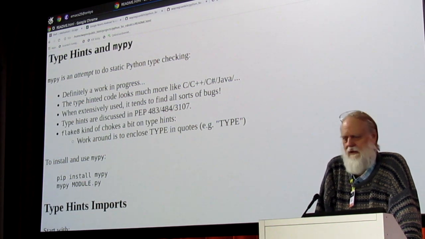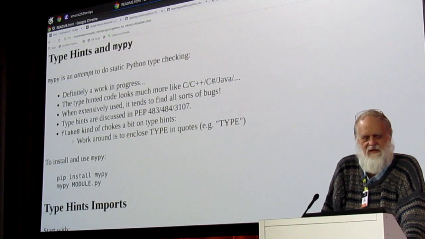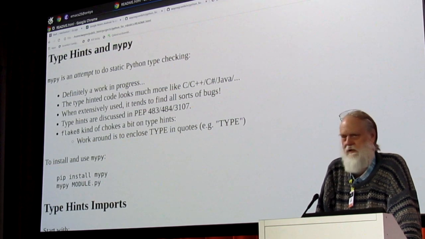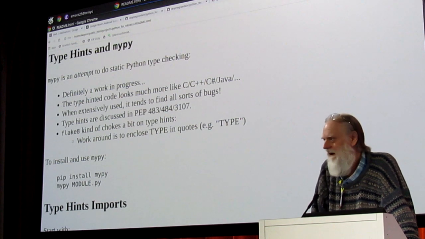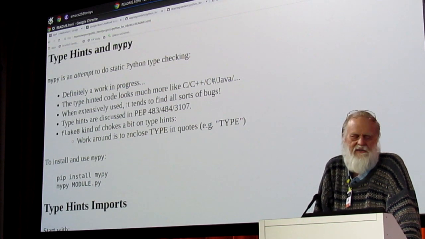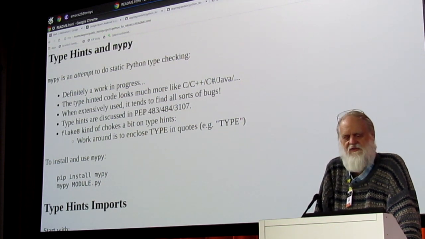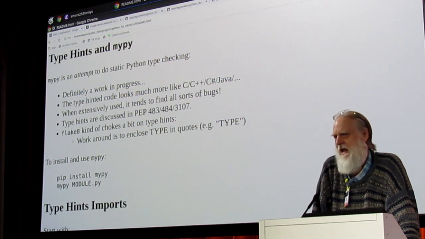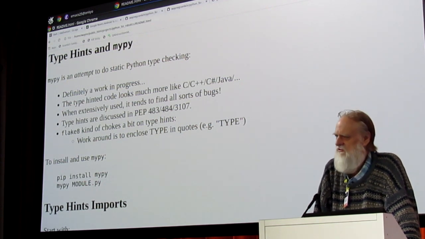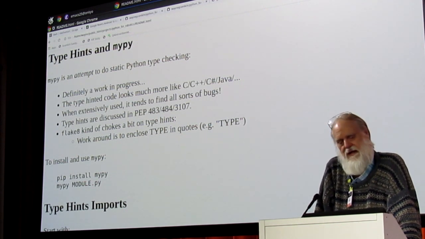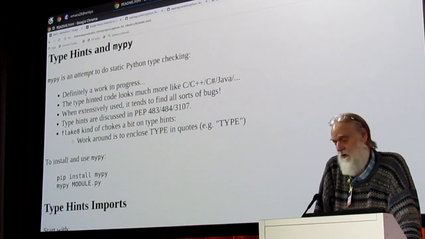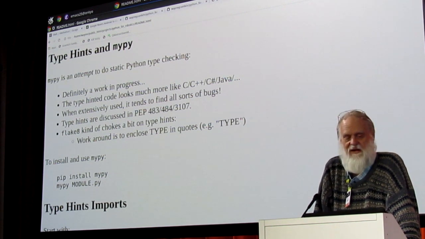I used to do compilers for a living, and you sit there and say static type checking in Python, I'm going, no way, can't be done. And the answer is, well, actually, there are rules, and it kind of works as long as you follow the rules. If you don't follow the rules, it doesn't find them.